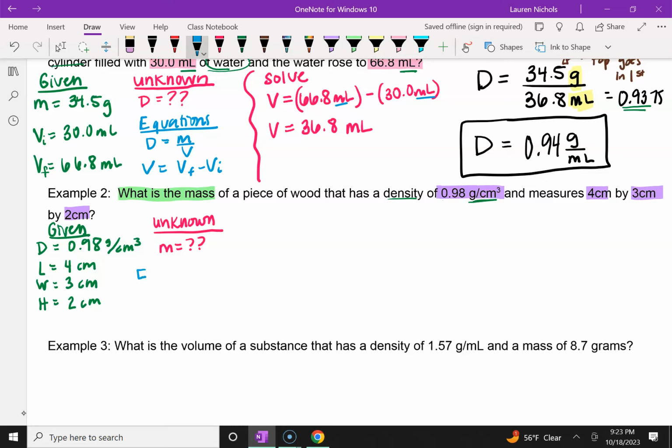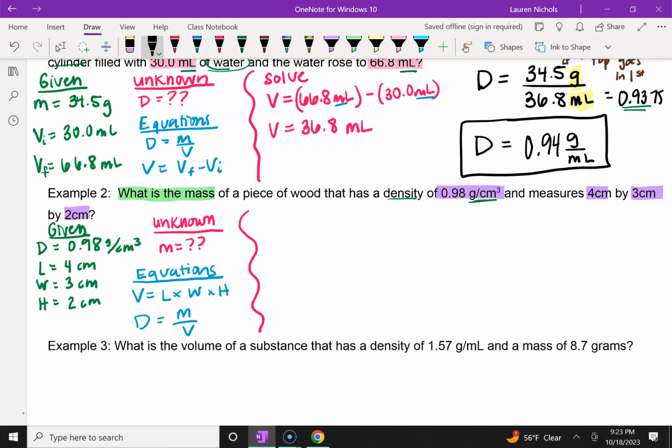And the equations that we are looking for, well, because we see length and width and height, we know that we're going to use our length times width times height formula to solve for volume. And because they've given us density, we're going to need to use our density equals mass over volume formula to solve for mass. So now we can go ahead and solve.